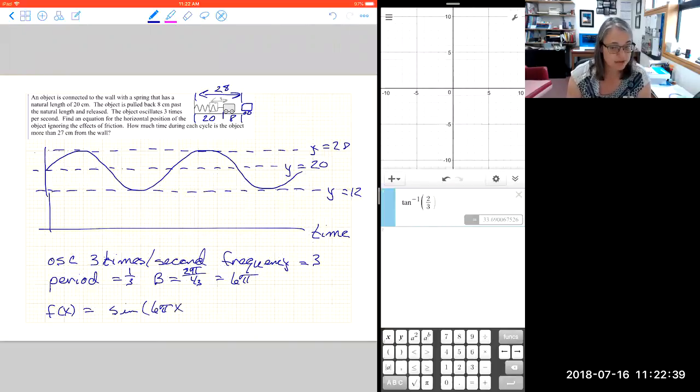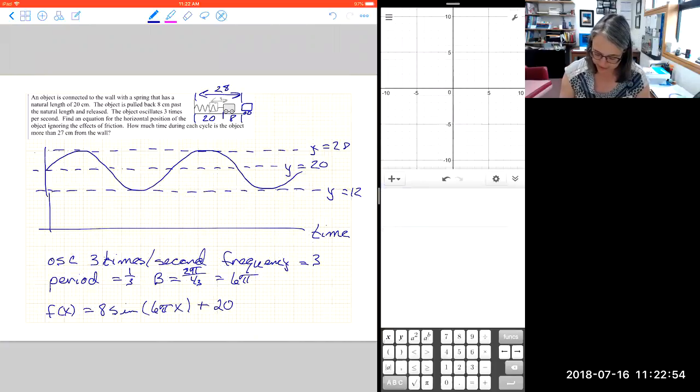I do not need a horizontal shift because I go through the origin. I do need a vertical shift of 20 to get me to my midline, and I need to pay attention to my amplitude. My amplitude is 8.